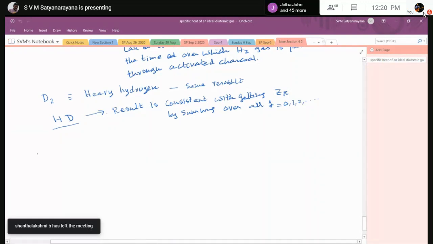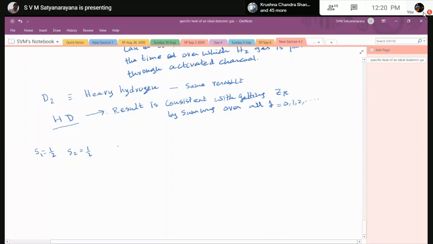Suppose you take S1 equal to half and S2 equal to half, then the total S can range from modulus of S1 minus S2 to S1 plus S2 in steps of 1.